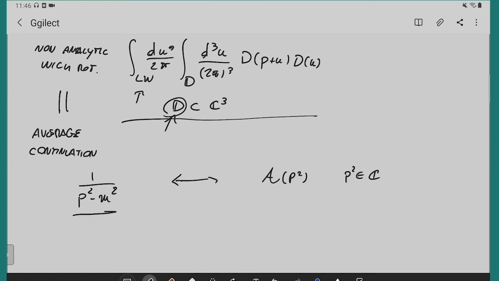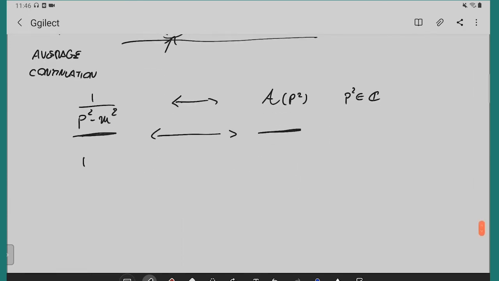The way you define the propagator is directly connected to the way you define this complex function, and you say how to circumvent the branch cut. What is usually done is to use the Feynman prescription.